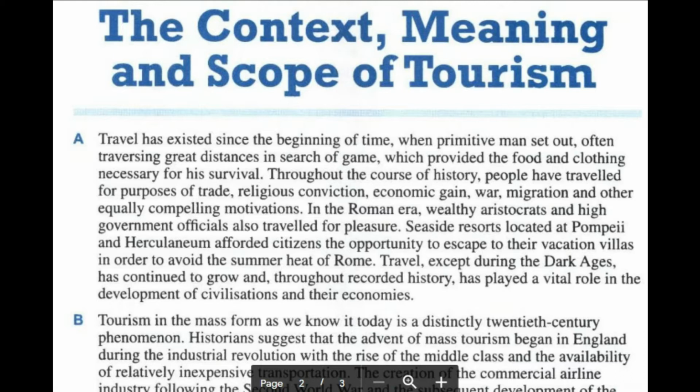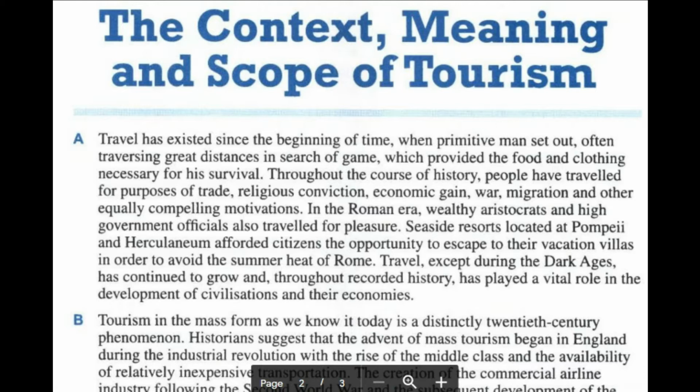People have traveled for purposes of trade, religious conviction. In further details, explanation, we have got the central idea of the paragraph, and the whole paragraph is going to speak about the same idea, why people travel throughout history. So time and travel, these are the 2 keywords.